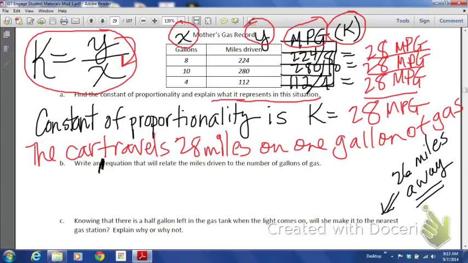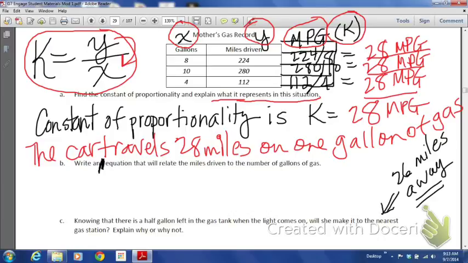All right. If we write an equation, and again you can see there's a little bit of a typo there, write an equation that will relate the miles driven to the number of gallons of gas. It's not going to look exactly the same.